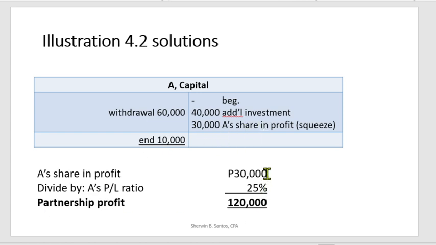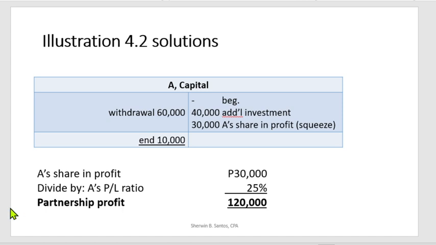Kung 30,000 ang share ni A sa profit, ang kanyang P&L ratio ay 25%. So, divide mo lang. 30,000 divided by 25% is 120,000 ang total partnership profit. So, yun yung sagot on illustration 4.2.